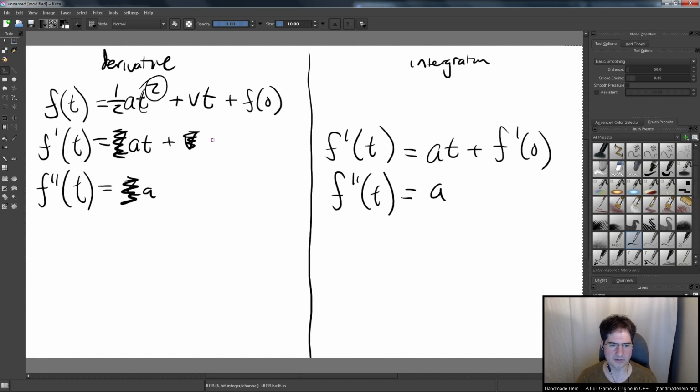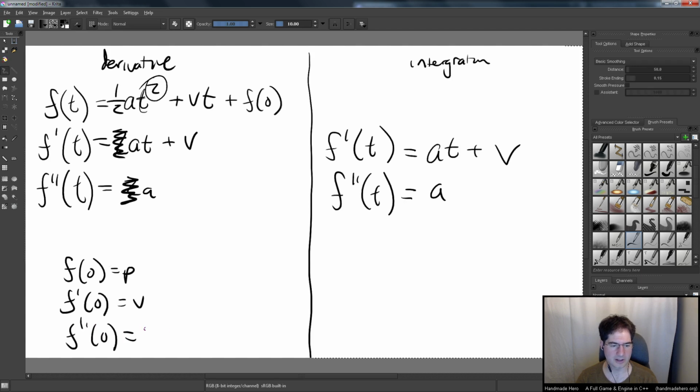I should probably write this better. This is f prime of 0, and this is f prime of 0, so velocity is that, just so you know. I can keep writing it this way though, so it's easier to write. So I should just say f of 0 equals p, f prime of 0 equals v, f double prime of 0 equals a.